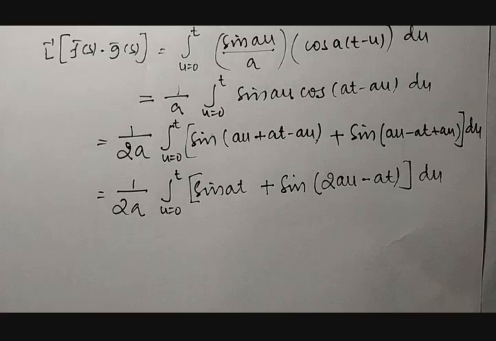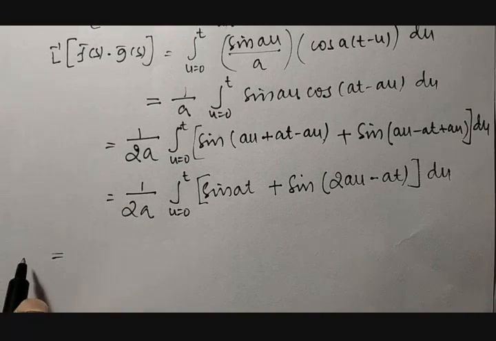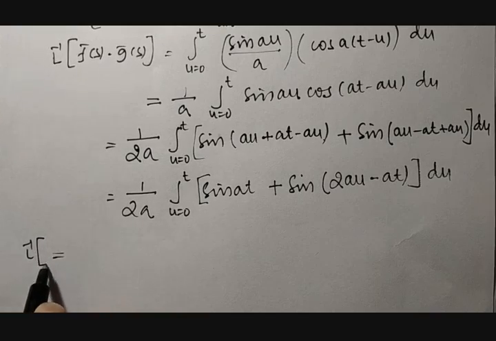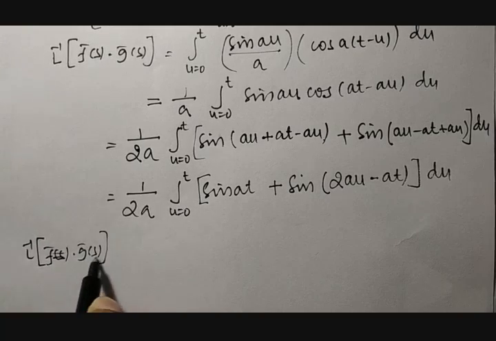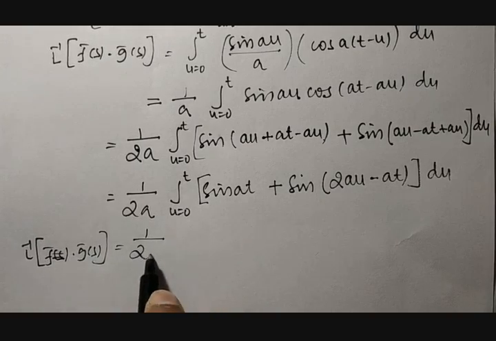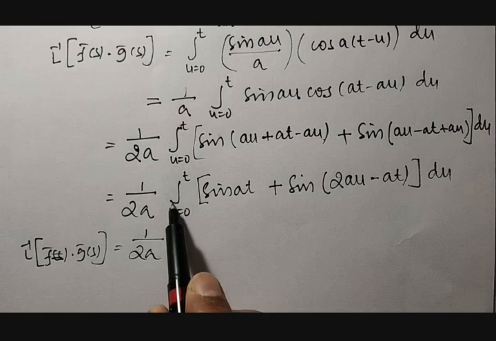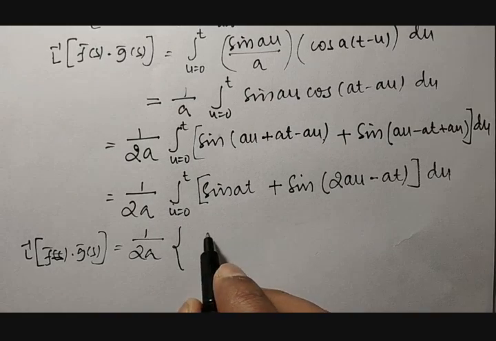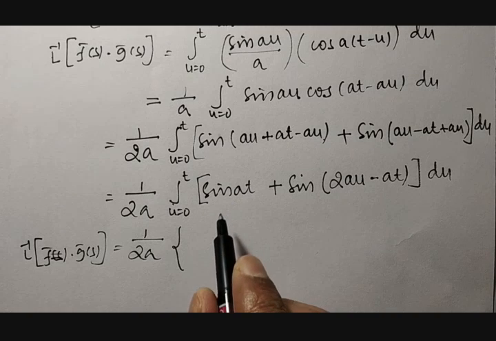So integration of this will be equal to, that is nothing but Laplace inverse of f bar of s into g bar of s is equal to 1 divided by 2a into integration of sine at.